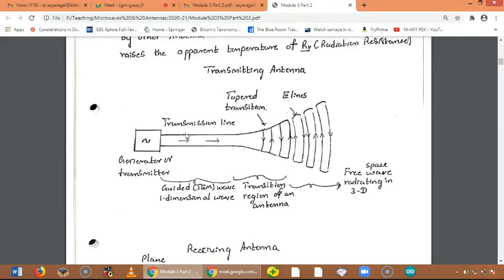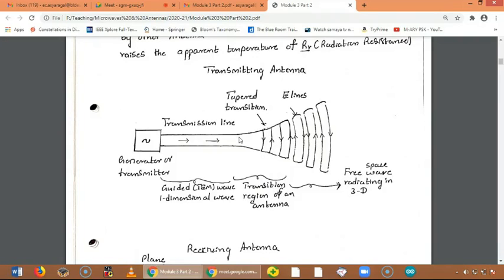This is the transmission line, a guided TEM wave, a one-dimensional wave. This is our guided wave, nothing but a transmission line, and here we have the transition region of an antenna.